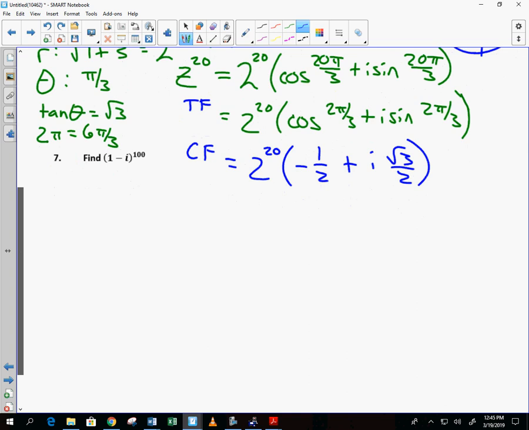I am going to simplify this just a little bit because it works out kind of nice. Watch how this works. If I multiply this 2 to the 20th through, I get negative 2 to the 20th over 2 to the 1st plus i times 2 to the 20th root of 3 over 2 to the 1st. Notice you have a 2 to the 20th in the numerators and a 2 to the 1st in the denominators. If you have the same bases, what do you do with the exponents?